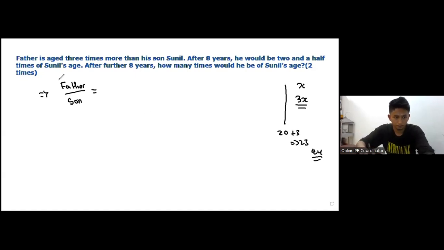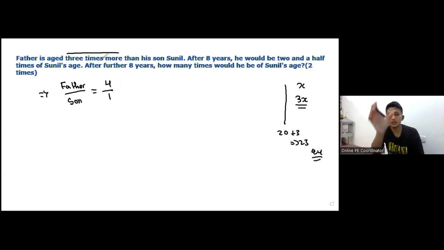Similarly, if the father's age is 3 times more, you have 4 in the ratio. So the answer is 4. With 3 times more, if the son's age is 1, you have to add 3 more, so 1 plus 3, it will be 4.